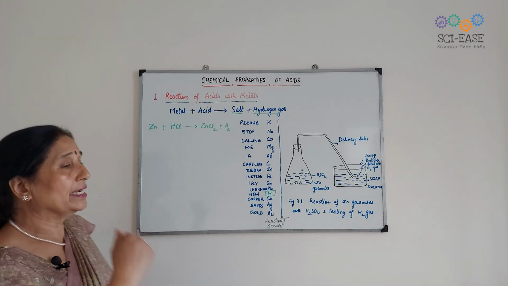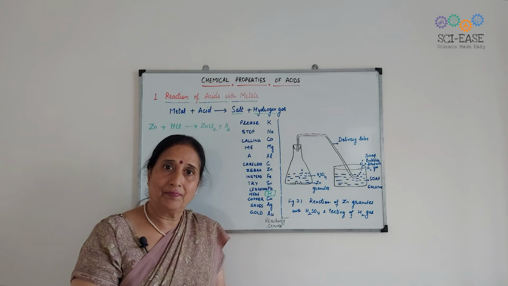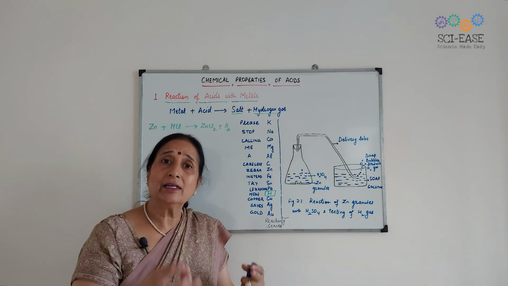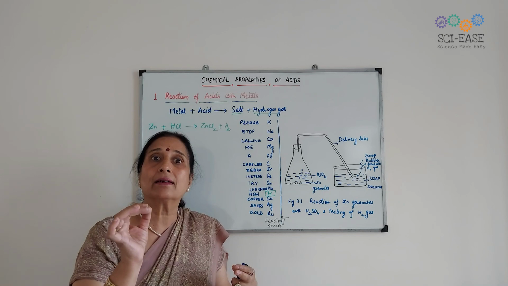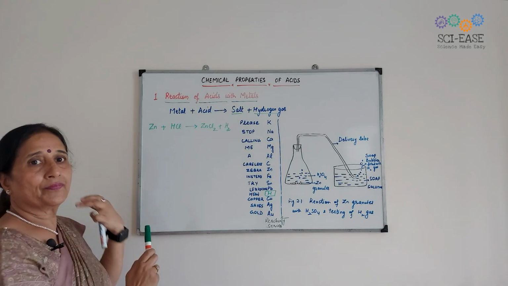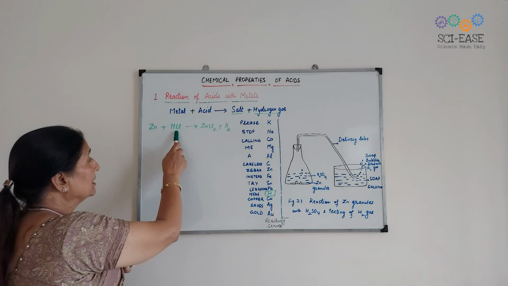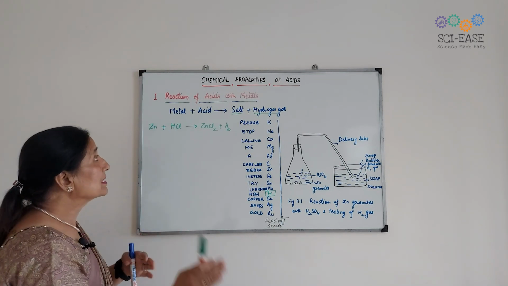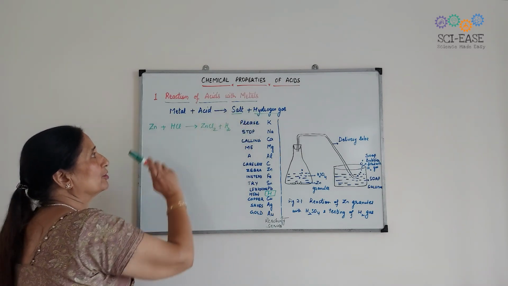Now, when I take some metal and some acid, suppose here I am taking zinc granules. I have added HCl, hydrochloric acid, to it. The result will be salt and hydrogen gas.